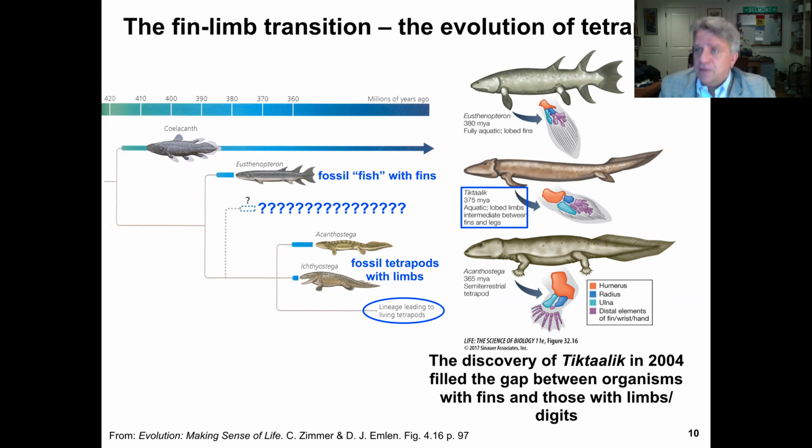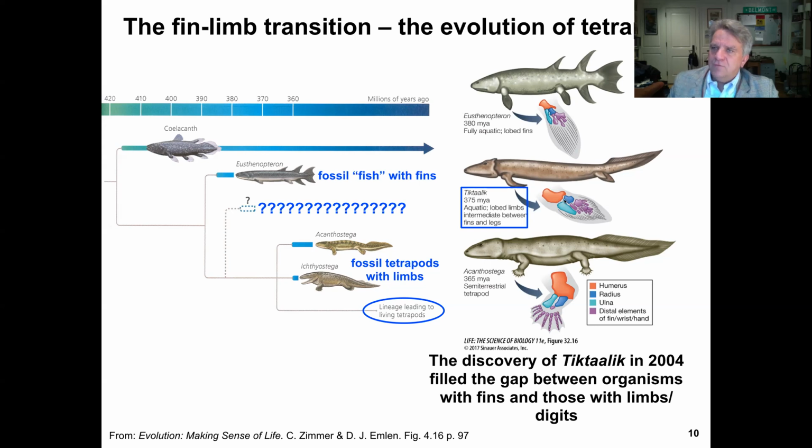Professor Neil Shubin at the University of Chicago, the author of the book Your Inner Fish, which was made into a 3-part PBS series, really wonderful series, and I encourage you all to read the book or see the PBS series. So Tiktaalik filled in a really important gap between the fish-like fin of Eusthenopteron and the tetrapod-like limb that we see in Acanthostega.